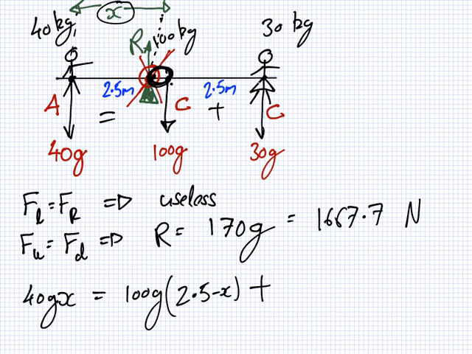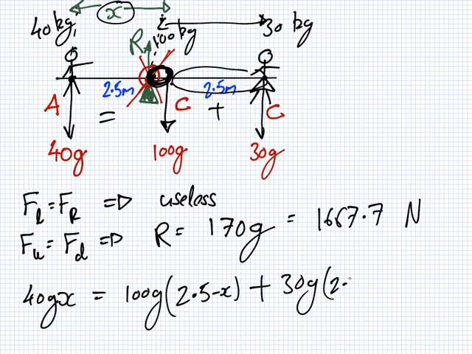Plus the girl, 30g times. Now, what's the distance from the turning point to the girl in this picture? 2.5, not quite. That's 2.5, so you're right there, but you need to add this distance, not the x, the other distance here.